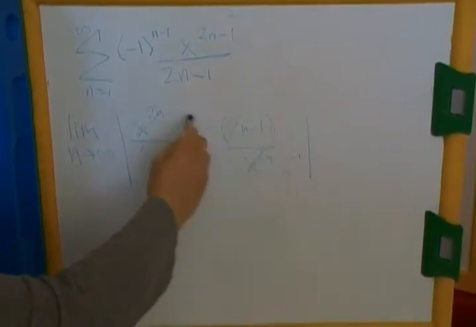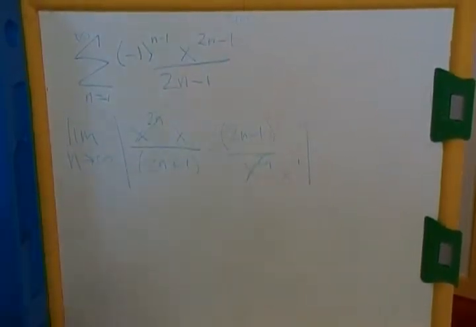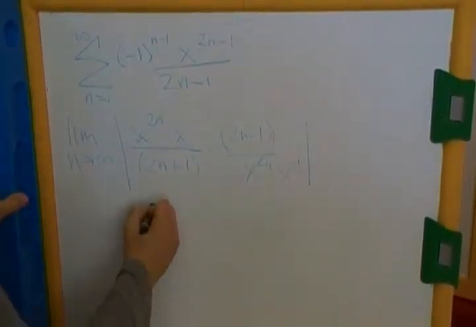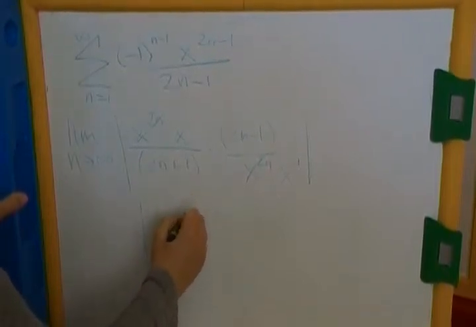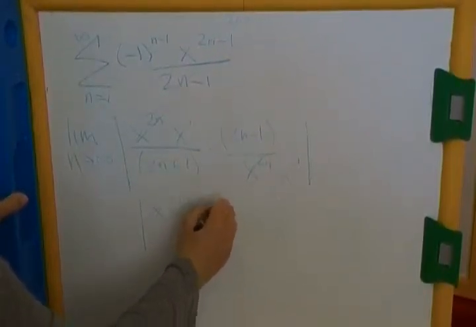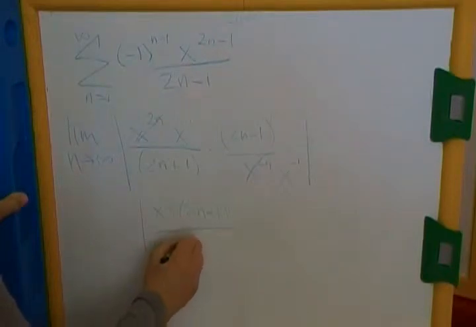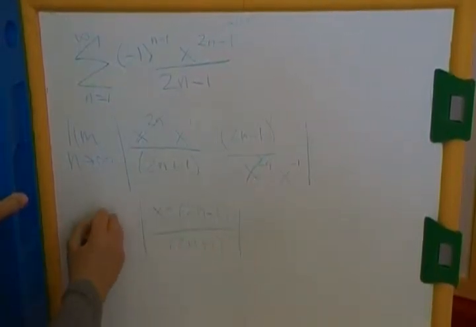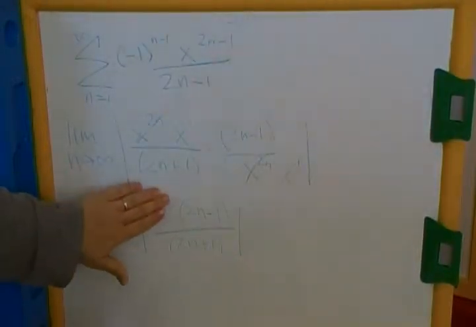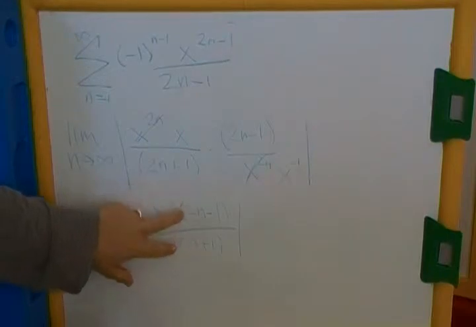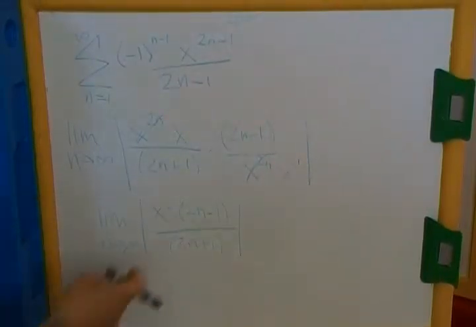The x to the -1 can come upstairs and join the other x to become x squared in the numerator. And so as the limit as n goes to infinity, again, you want to be thinking about the x squared as not really being part of the limit. So we're just looking at the ratio of these two things.